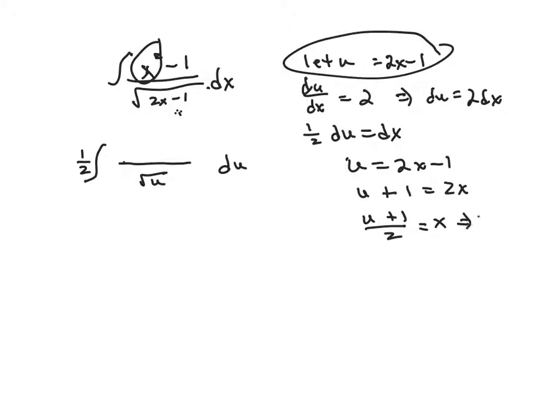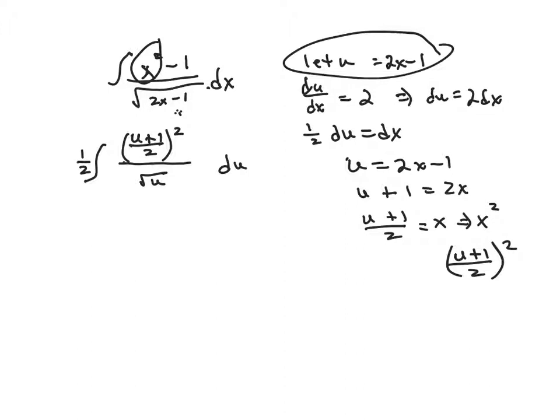So that would mean that if I squared x, then u plus 1 over 2 squared, I could replace this top. So I get u plus 1 over 2 squared.